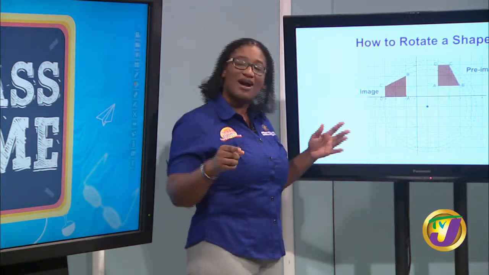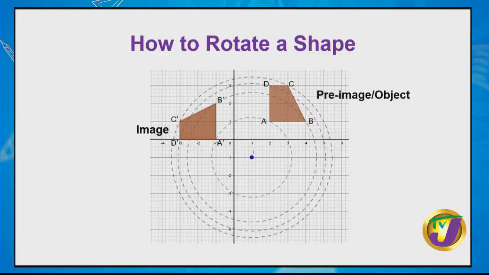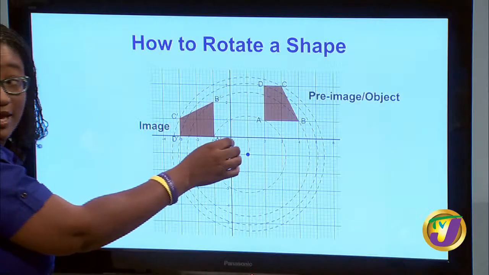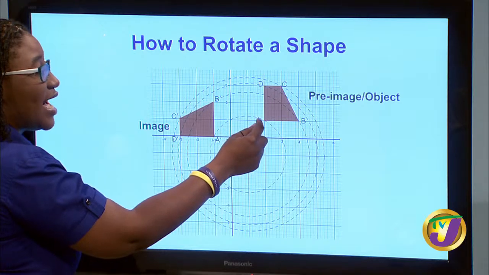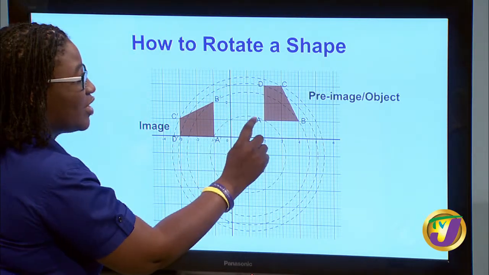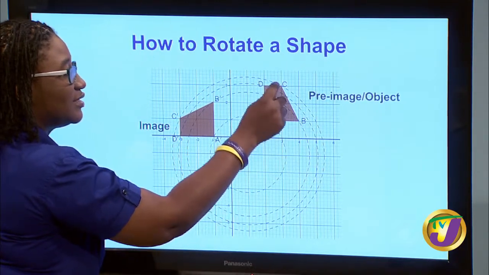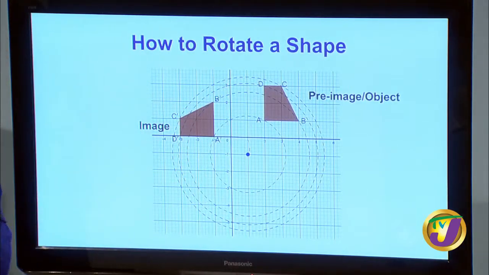All right, so we talk about congruence, but I also want to examine the order of the labeling. Let's start from point A and go in an anti-clockwise direction. Looking at my labels, I see A, B, C, D, and that was anti-clockwise.